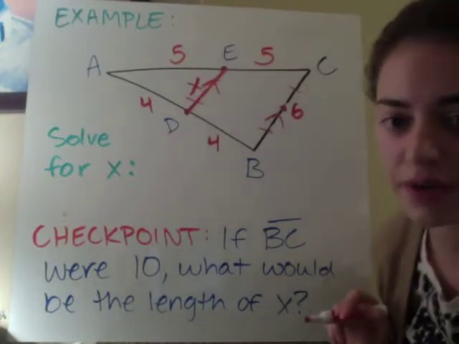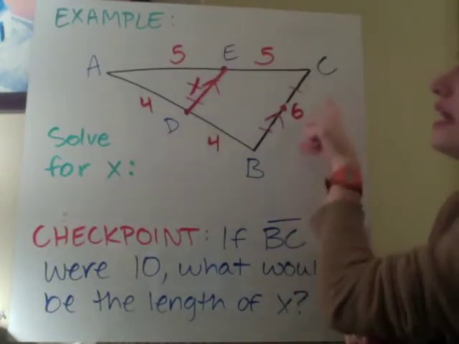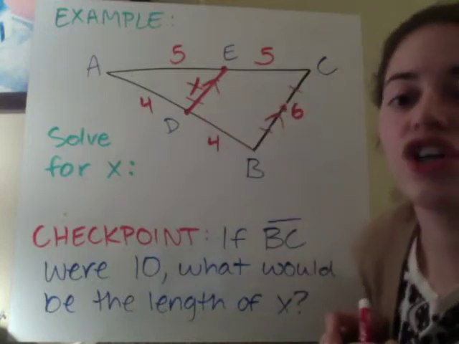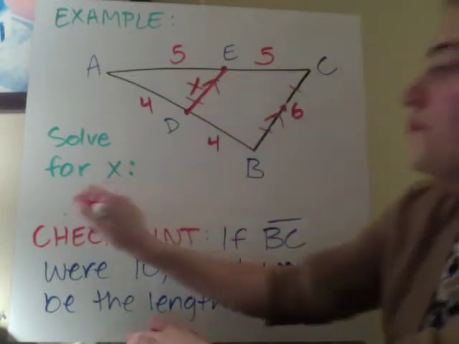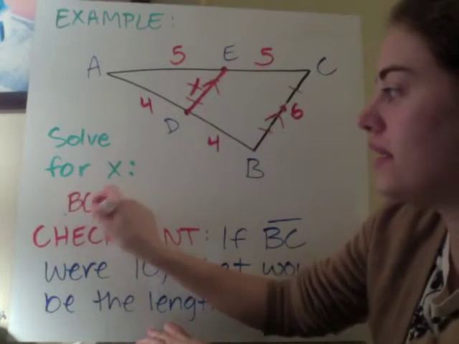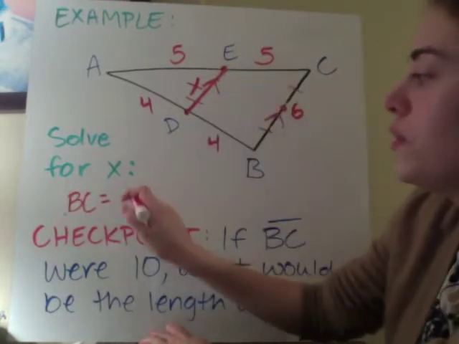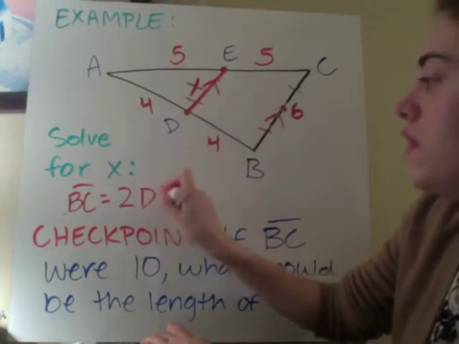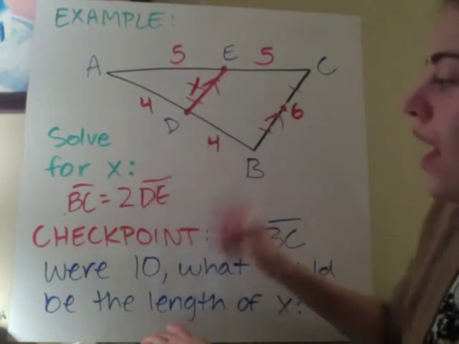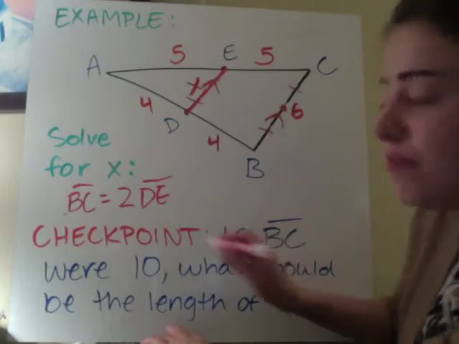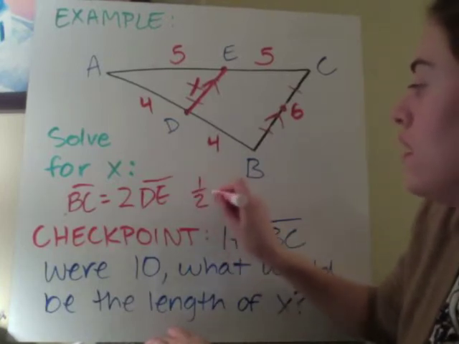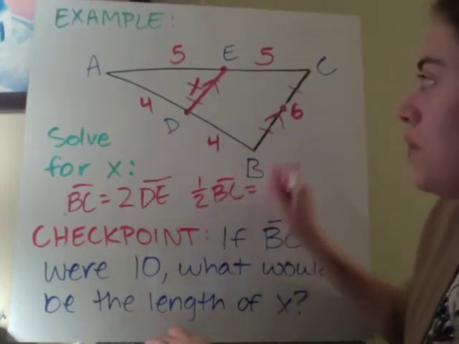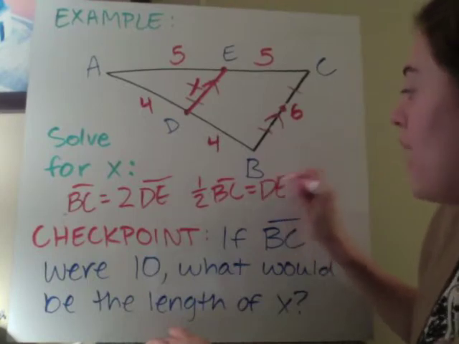1 tick mark. So if this is 6, let's solve for x. So I know that BC is equal to 2 times the measure of DE, or I can say that half BC is equal to DE. Either way, this works.